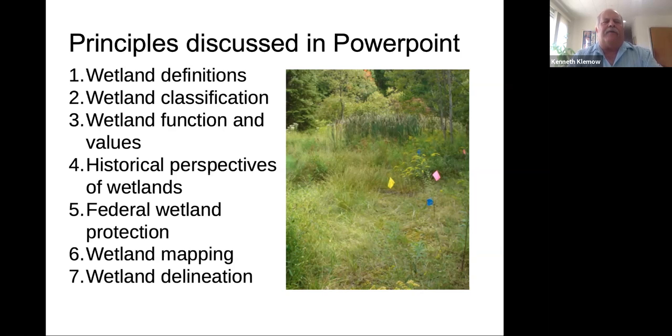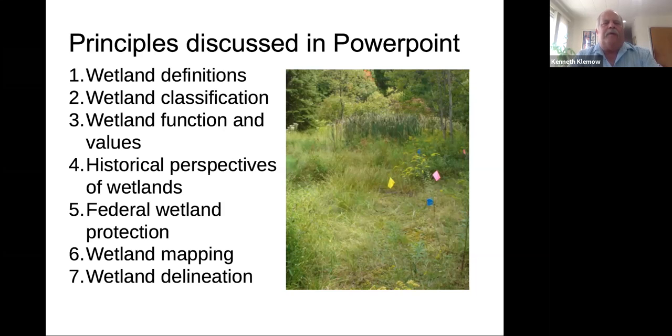Then we talk about the historical perspective of wetlands. So it's kind of a discussion in which we talk about how people at one time did not value wetlands, and then all of a sudden we got smart on things, and that leads into federal wetland protection, although we also have many states that do wetland protection as well.